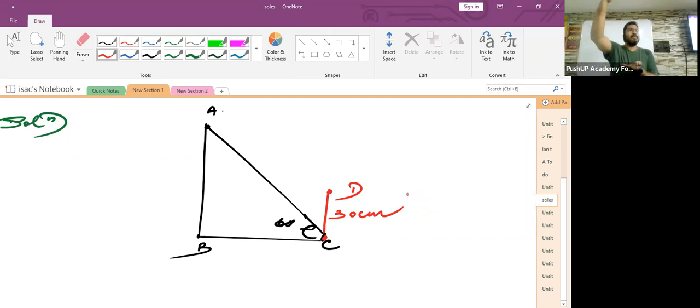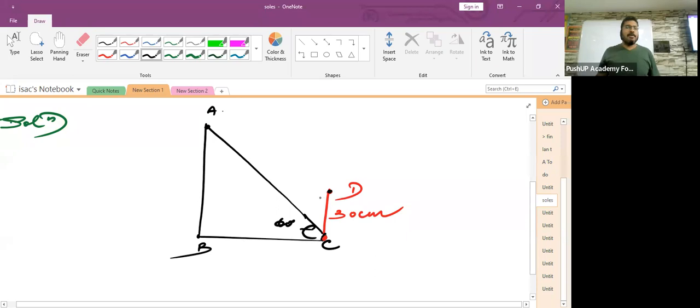So I plotted a point D and I showed you that C to D is how much? 30 meters. Now they want us to observe from this point D to the top of the tower. And how much is the angle of elevation? It is 45 degrees. And you all know whether you have to show the angle of elevation or the angle of depression.